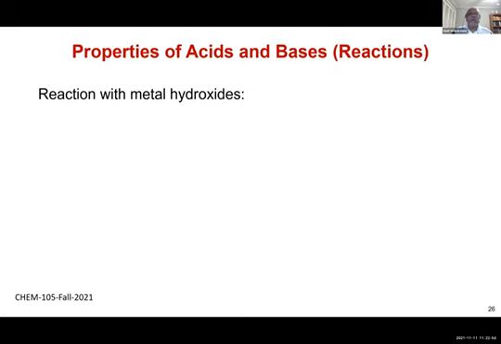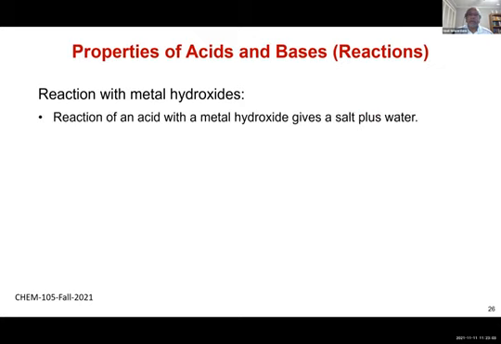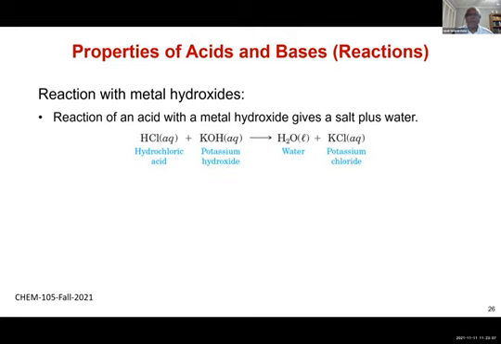Now we're going to look into the reaction of metal hydroxides and acids. A reaction of acid with metal hydroxide gives salt plus water. HCl with KOH produces water and KCl. The salt is the KCl.